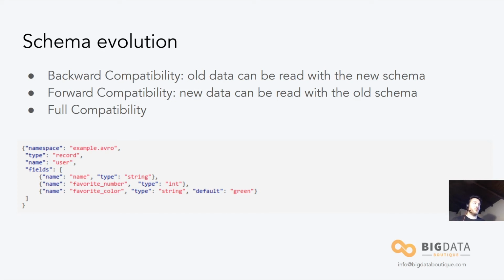That means, for example, if we have this record, this is an Avro definition. As you see, it is JSON, it defines a namespace, and what's important here is it defines different fields, right? So we have the name, the fabric number, and the fabric color. As you can see, fabric color has a default value, which is green. That means if we add this fabric color in the new schema, it's going to be backward compatible with the previous one.